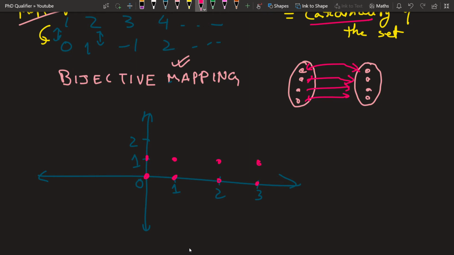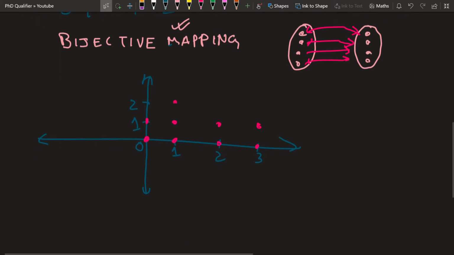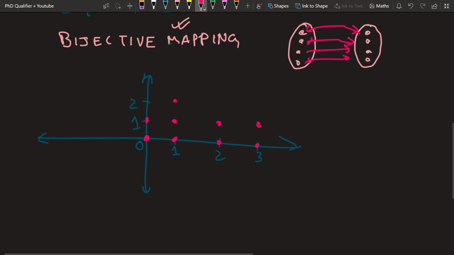So we can write each and every point that I'm marking by what it is in the vertical axis and what number it corresponds to in the horizontal axis. For example, if I name this point A, in the horizontal axis it corresponds to the number 2, and it corresponds to number 1 in the vertical axis.